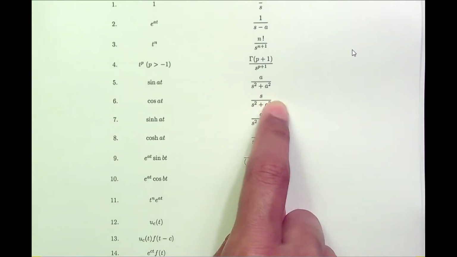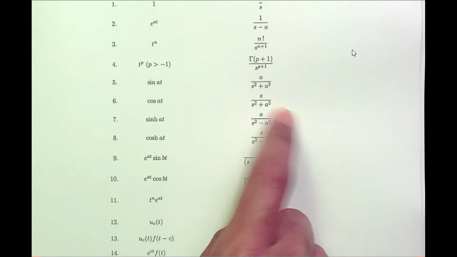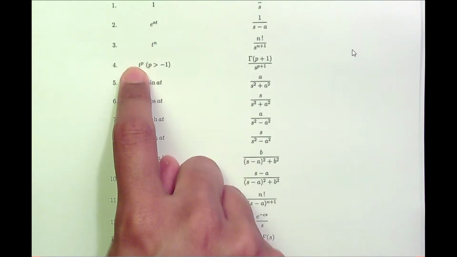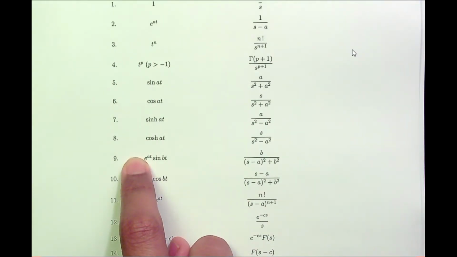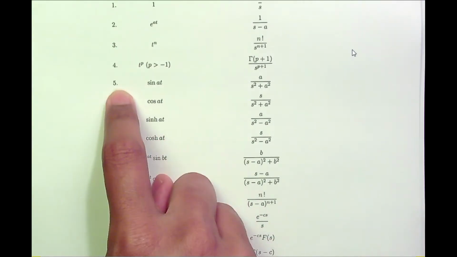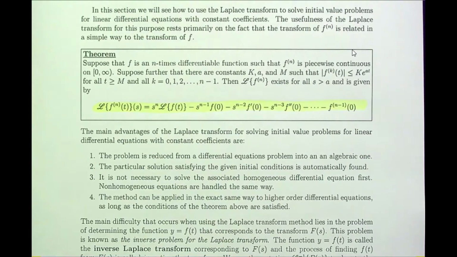That's how I'm going to refer to it. You get the Laplace transform is such and such. And on the test, I also want you to tell me which number you're using. Whenever you use a Laplace transform, you look it up in here. I want you to tell me you used number 6, number 8, number whatever. So I'm going to be making note of that on the problems as we solve them.